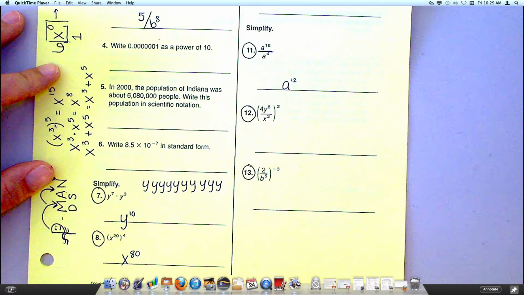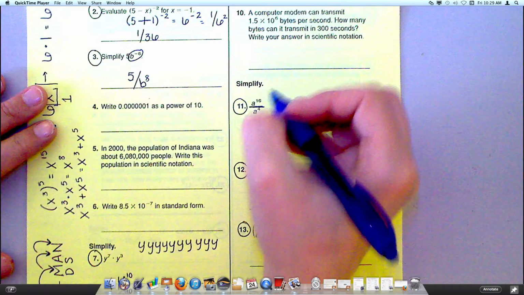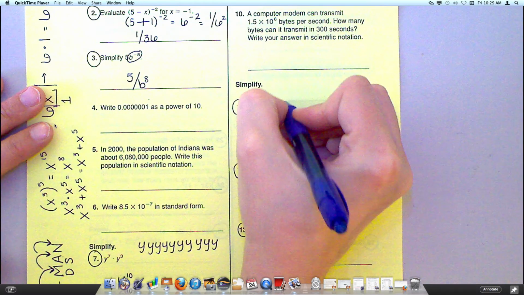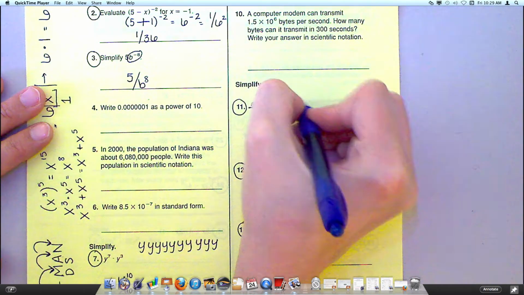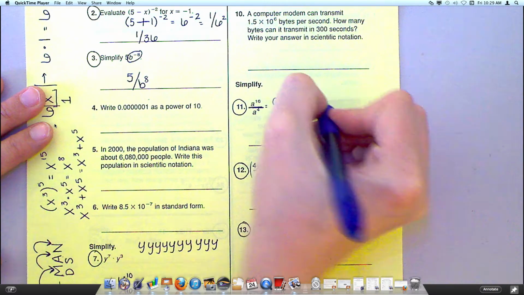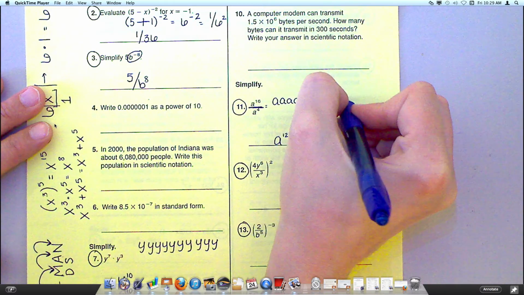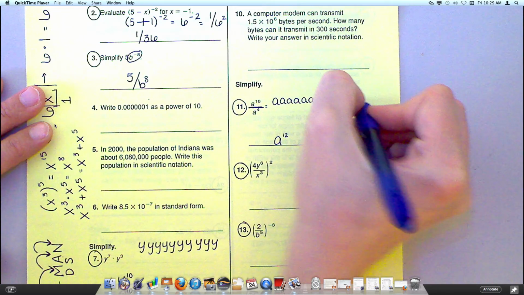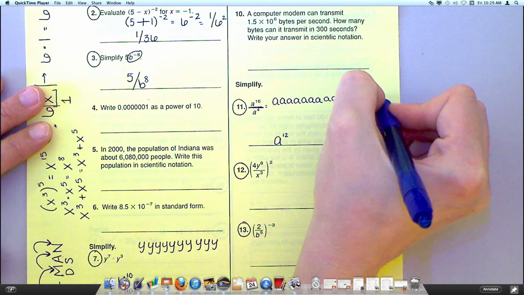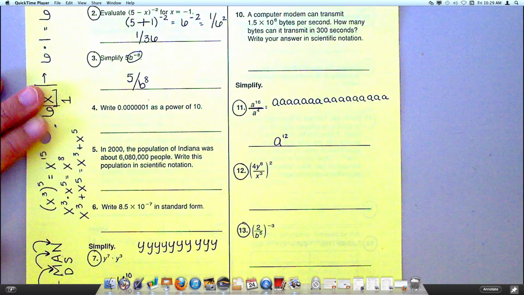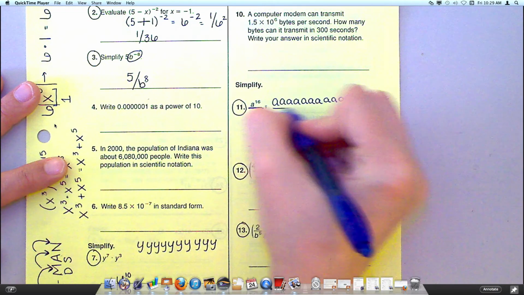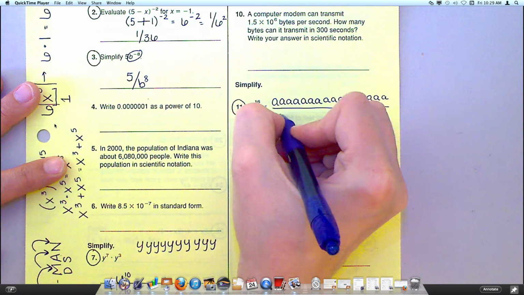Okay. A quick visual for that, I'm going to try to write this really quick, but a to the 16th would be like 16 a's. It's hard to write a's so many times in a row. Okay, so there's 16 a's. A to the 4th is 4 a's.